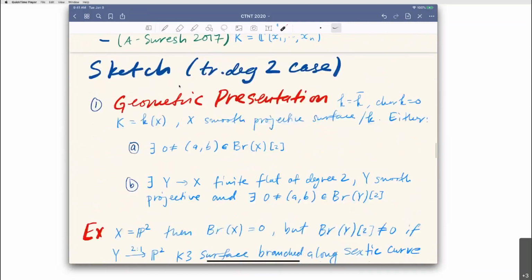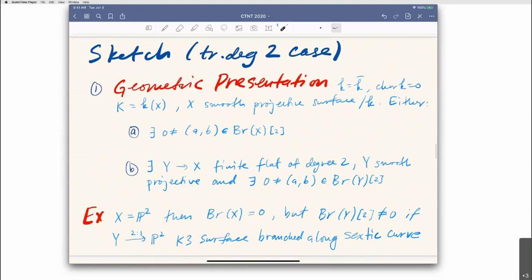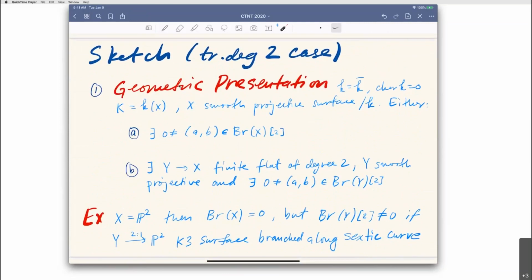Let me give you a quick sketch of the proof in at least the transcendence degree 2 case, because it'll give you a little flavor.